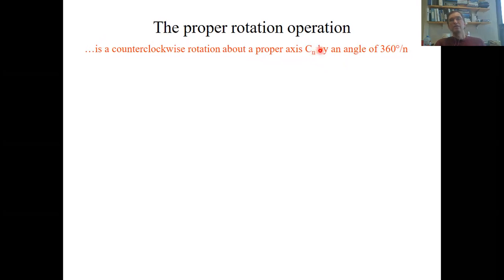So n defines the so-called order of the axis, and n also defines by how many degrees we have to rotate the object. So for instance, if n is equal to 2, the order of the axis is 2, and we rotate around 180 degrees. If n is equal to 4, then the order of the axis is 4, and we rotate around 90 degrees.